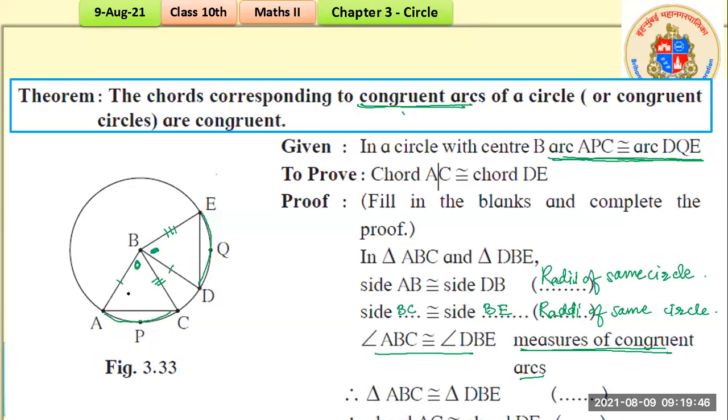Now you can clearly identify that the first triangle ABC is congruent to the other triangle DBE by which property? You can see side, angle at the center, and then another side. So it is the side angle side test of congruence.